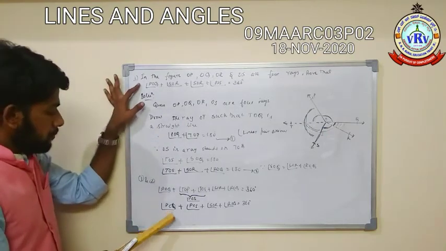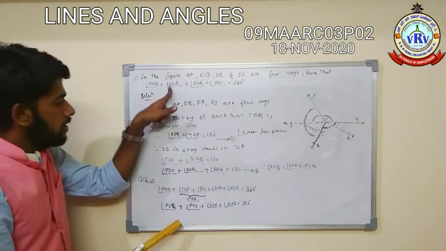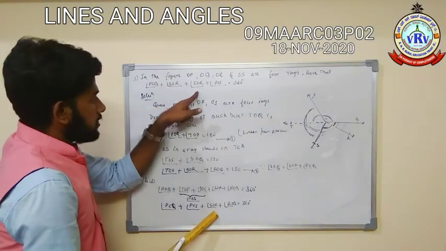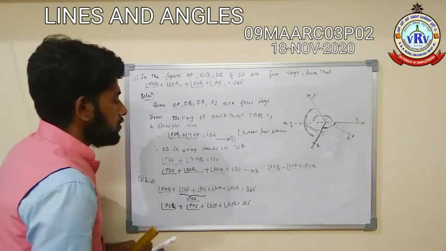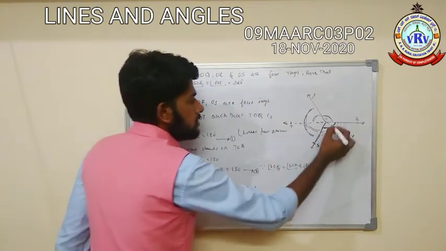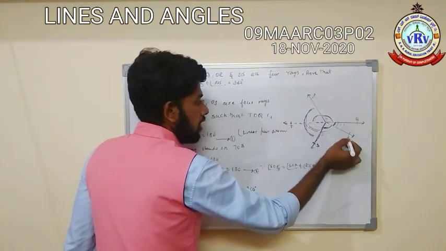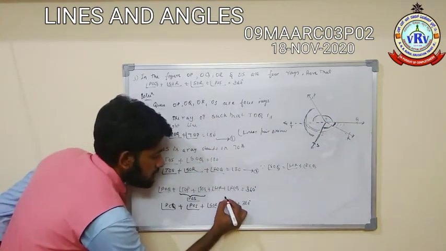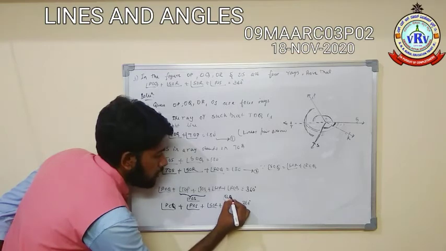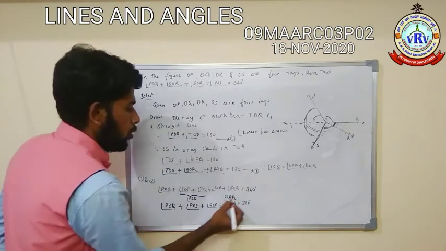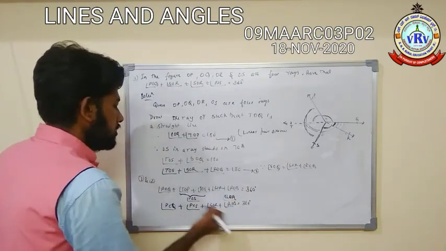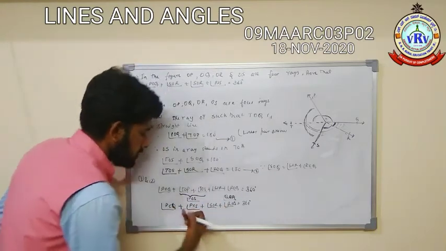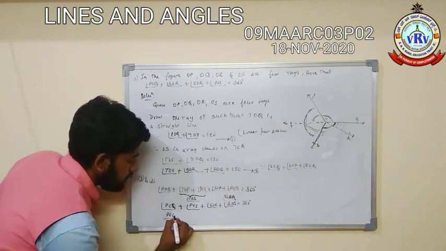You can compare here POQ, but here QOR, we are getting ROQ and SOR, correct, and POS, correct. I can name this angle ROQ as QOR also. So I can replace this as angle QOR. Okay, and since this is a positive sign, I can shift those angles to other places.